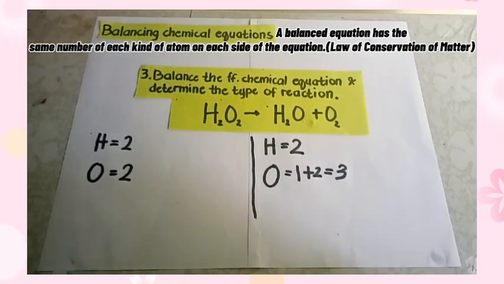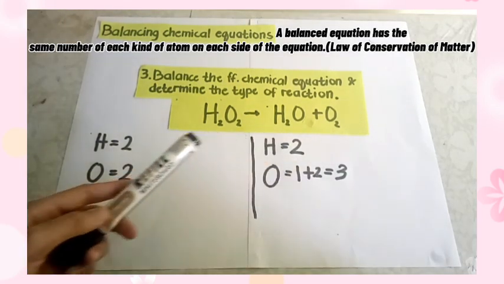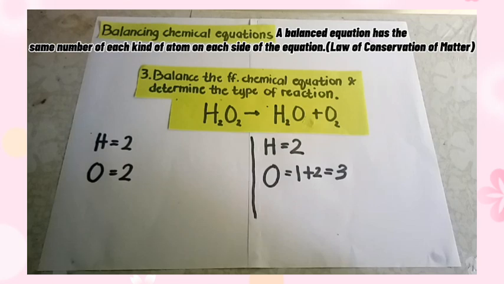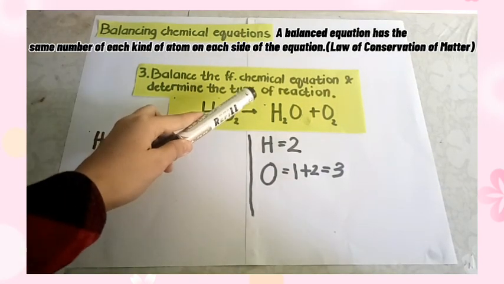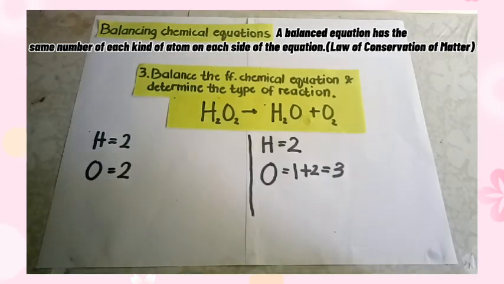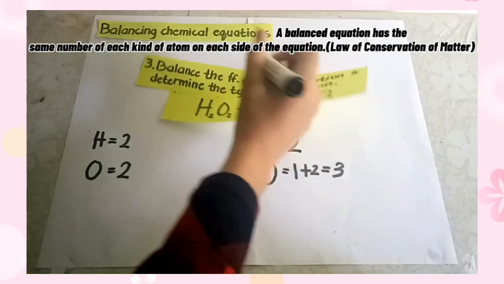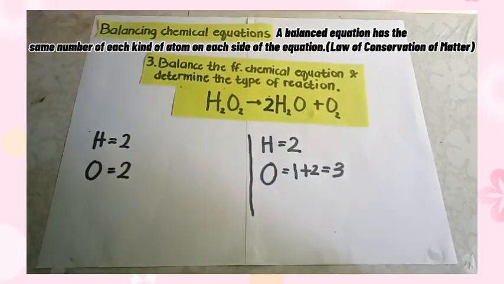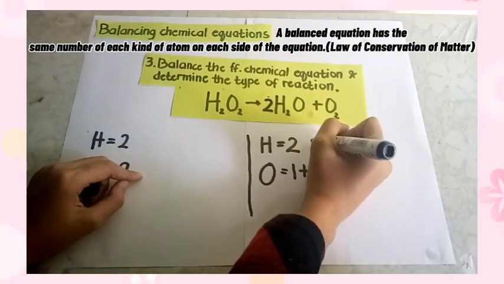So what we can do whenever we have an odd number, I like to change that odd number of oxygen to an even number. And I can do that by multiplying by 2. So we will put here a 2 in front of H2O and see how it changes the oxygen. So we put 2 in front of H2O, that means we also change the hydrogen.